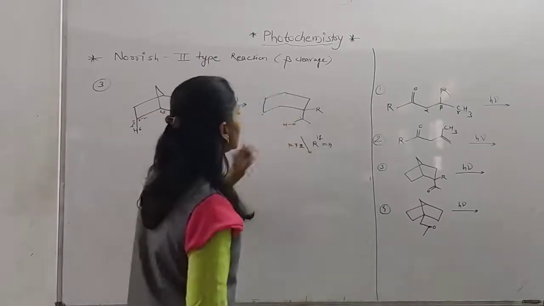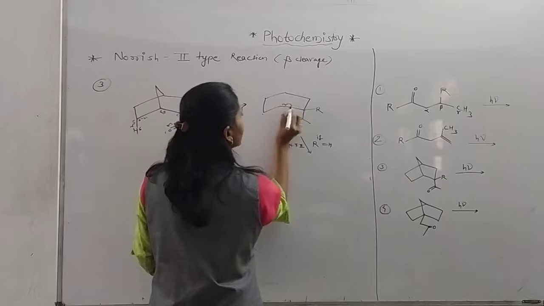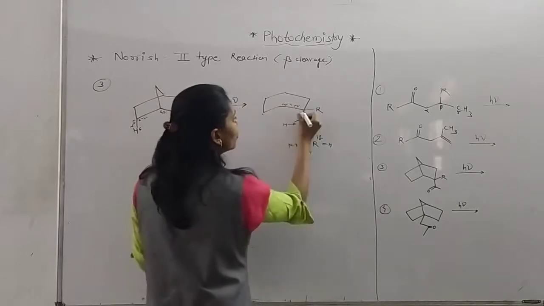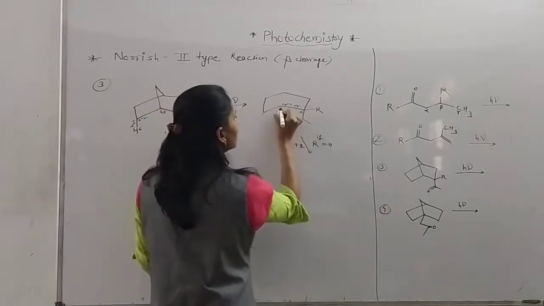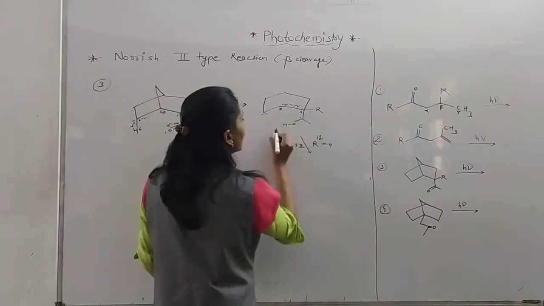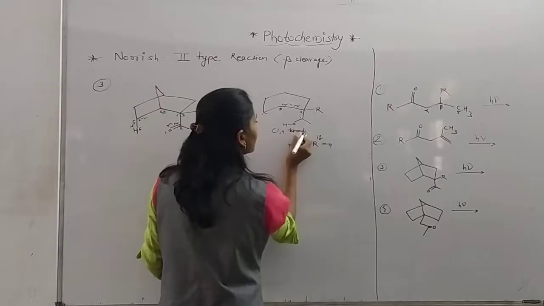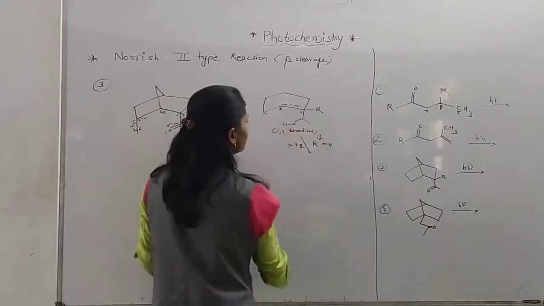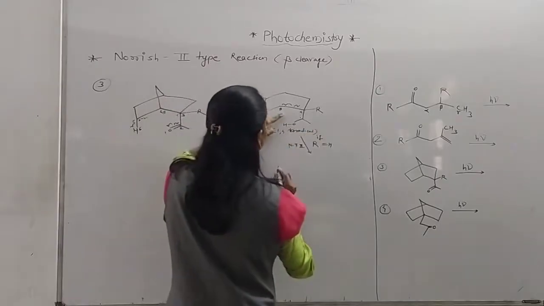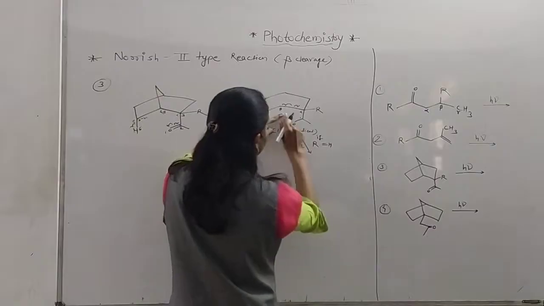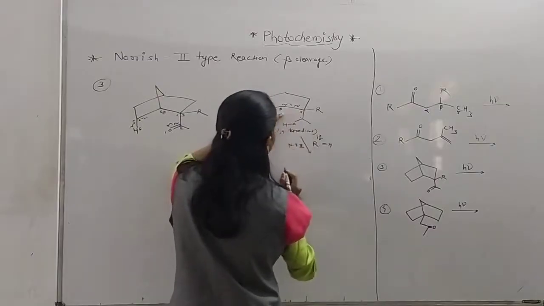As we go through Norrish type 2, we break this alpha beta bond. You know that this is alpha, this is beta, this is gamma, and this is the 1,4 radical system, the biradical system. So we cleave this bond, and as we cleave this bond, we give the product like this.